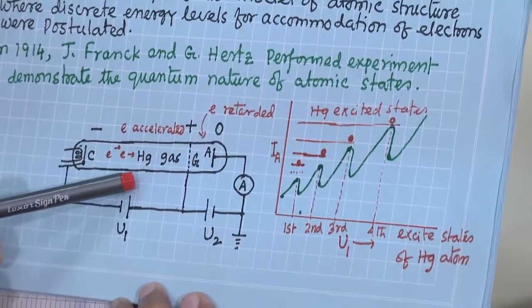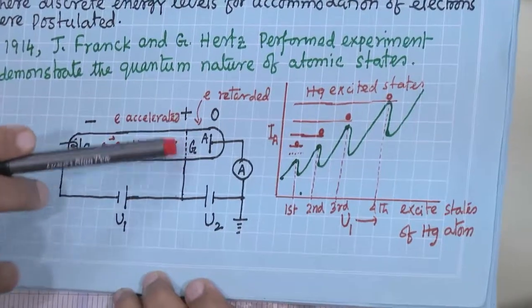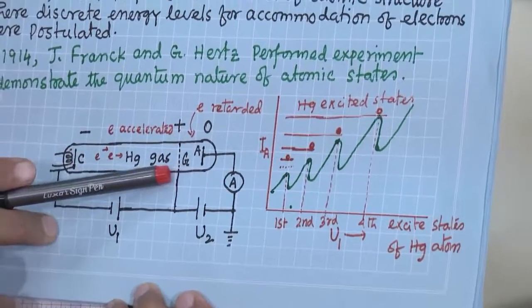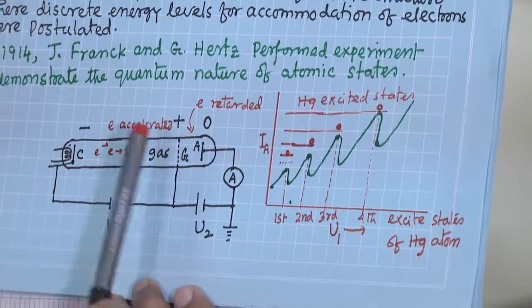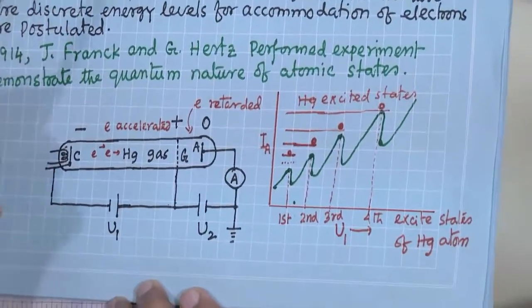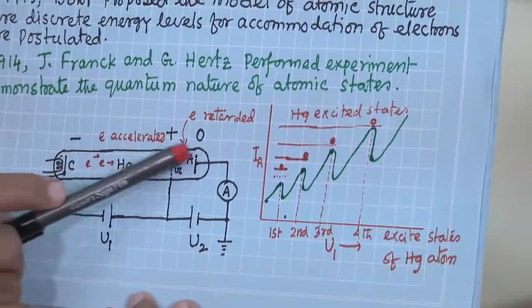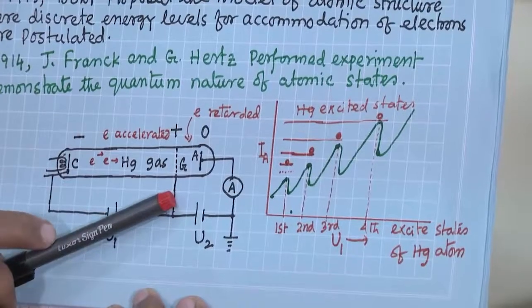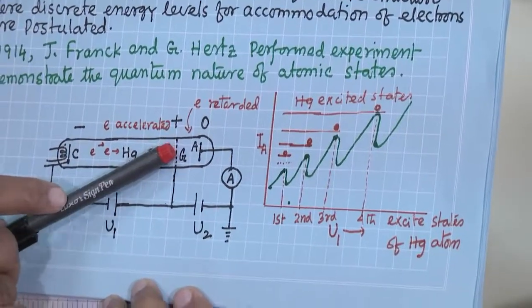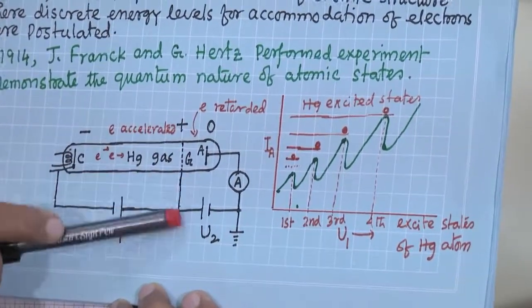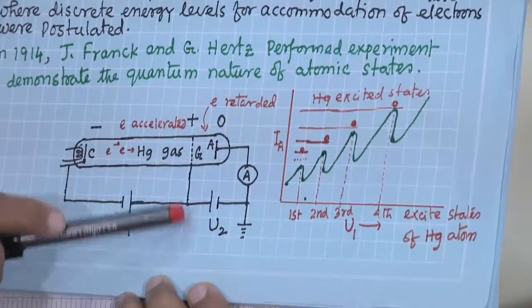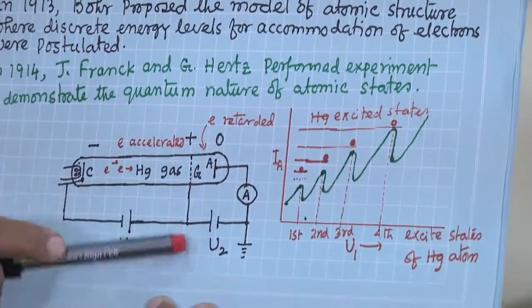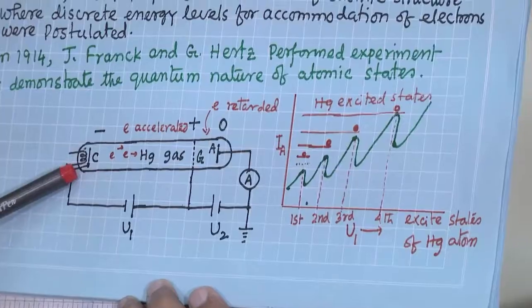So here we are showing a grid. Grid means it's a wire, but having holes. Here we are giving a positive voltage with respect to the cathode.